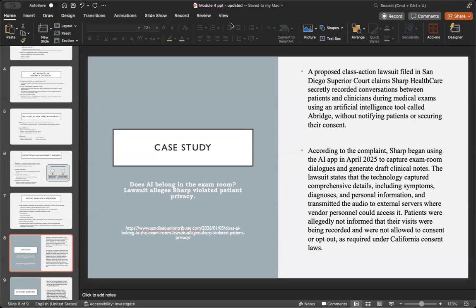So hi, everyone. As pointed out in the earlier modules, we didn't always have the protections in place for human subjects in research. The Tuskegee syphilis study, which ended in 1972, was a really great example of this, but it also served as a catalyst for the Belmont Report in 1979.